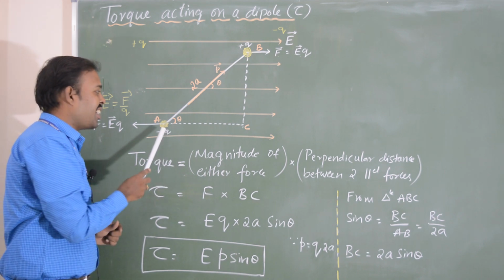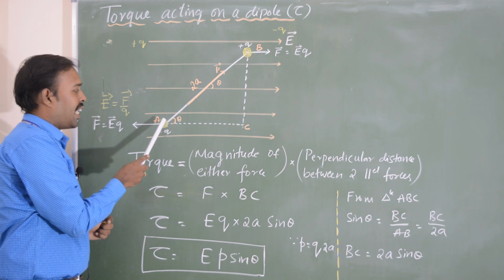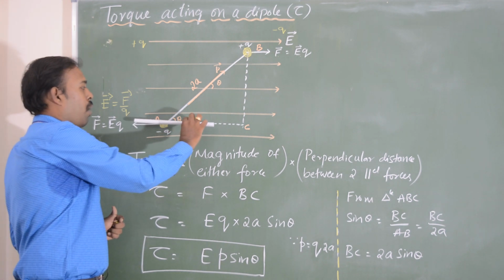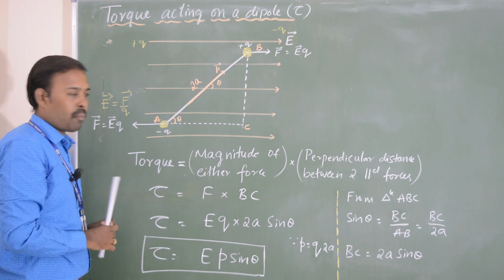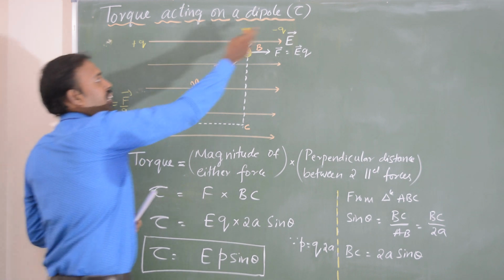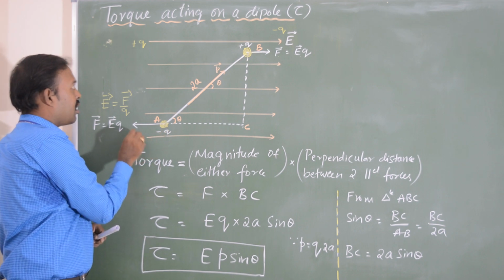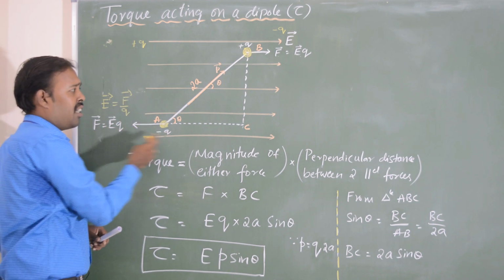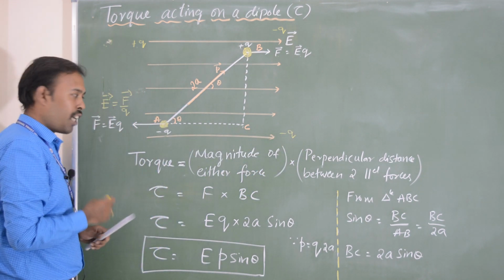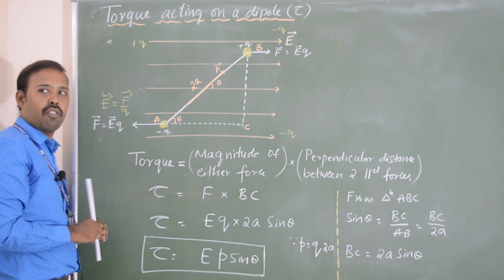Now coming to the charge minus Q, it will experience a force F is equal to EQ opposite to the direction of the electric field, because again the field line is made up of plus Q on this side and minus Q on the other side. This minus Q will be attracted towards the plus Q and will repel the minus Q. Therefore the force experienced by this minus Q will be opposite to the direction of the electric field.